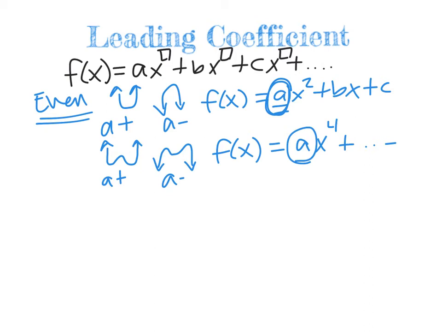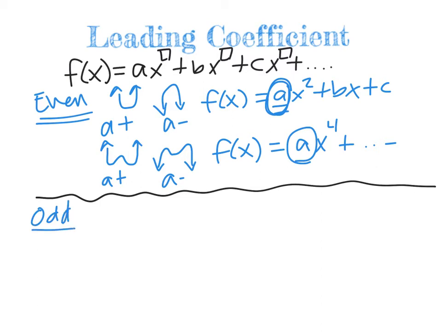Now let's talk about what happens when we're dealing with an odd exponent. Okay, if we're dealing with an odd exponent, now the arrows are not pointing in the same direction. Now the arrows are pointing in opposite directions. So let's start with a very simple one that we spoke about, like in lines, right?